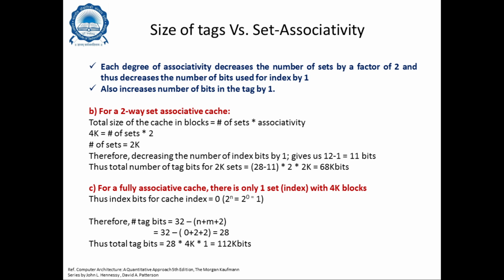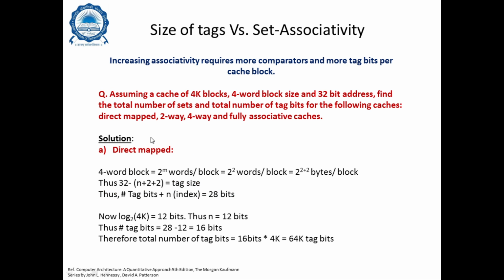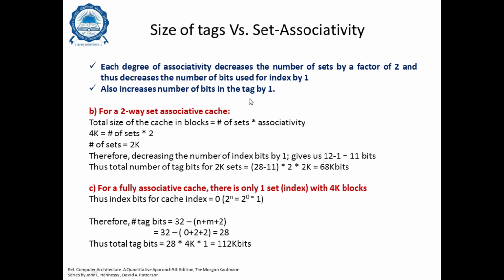For the third case, for fully associative, the index bit is 0 because you just have one set, okay, with 4K blocks. Therefore the tag bit is 32 minus (n plus m plus 2), so n is 0, m is 2 because we have four words per block, as specified in the question itself. This is four words per block, so m is 2, and 2 for byte offset, so therefore the number of tag bits is 28.